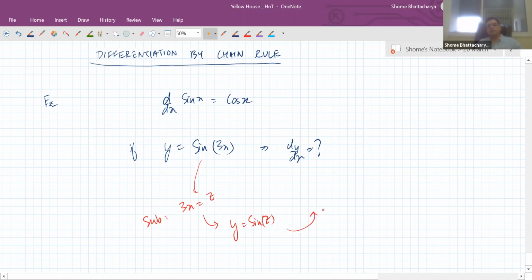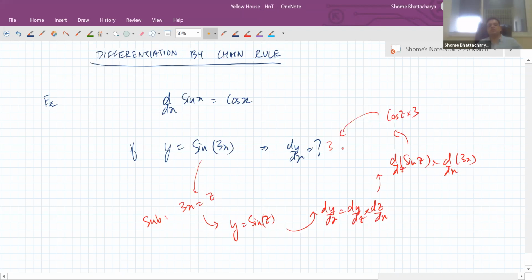And then I'll use the chain rule step that dy by dx is dy by dz into dz by dx. So that becomes differentiation of sine z into differentiation with respect to x of 3x. So that becomes cos z into 3. So that finally becomes 3 cos 3x.